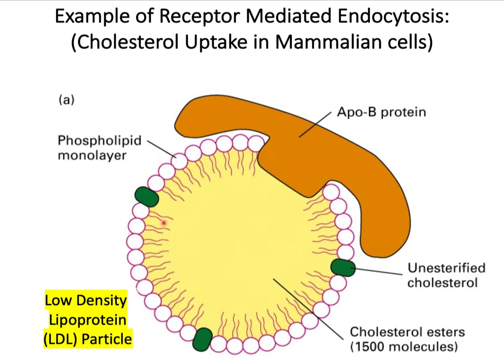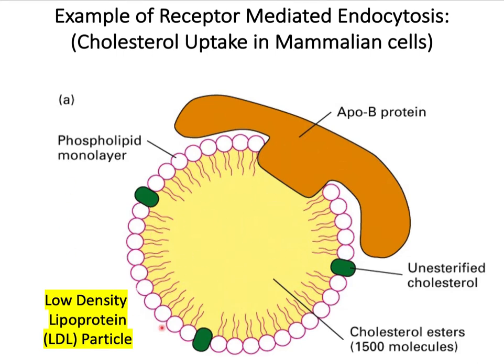Most lipid layers are phospholipid bilayers. The plasma membrane is a phospholipid bilayer, but here is an example of a phospholipid monolayer that we mentioned before as well. In this phospholipid monolayer, there are a few molecules of cholesterol shown here in green, but the important part is the cargo. There are about 1,500 cholesterol molecules within the core of this structure.